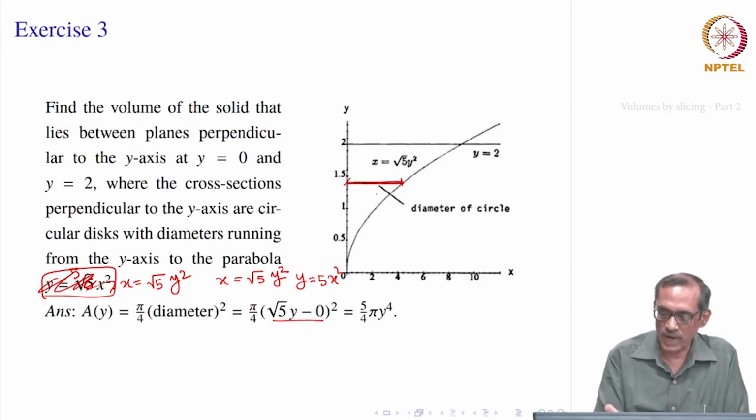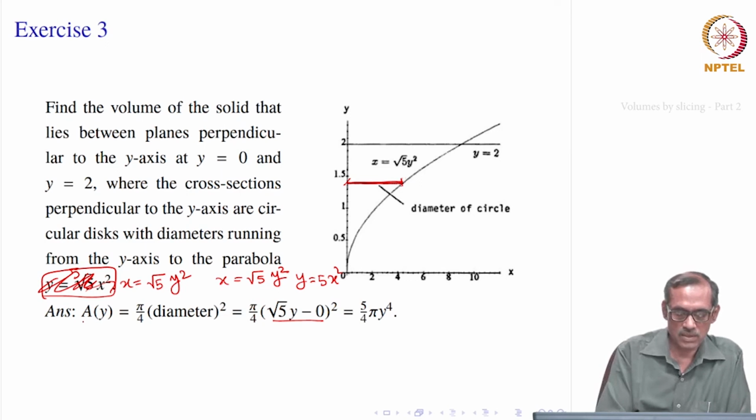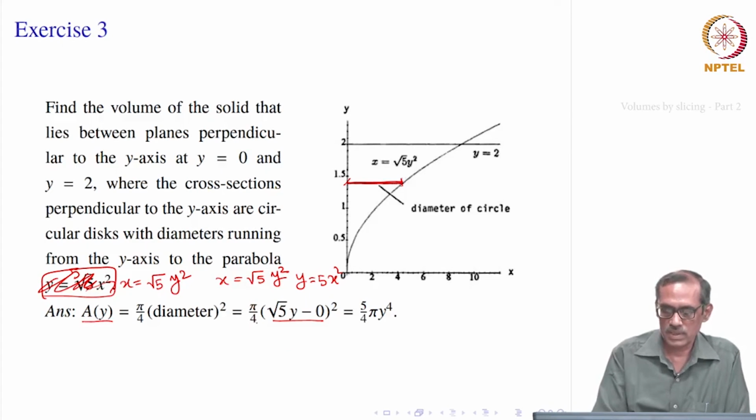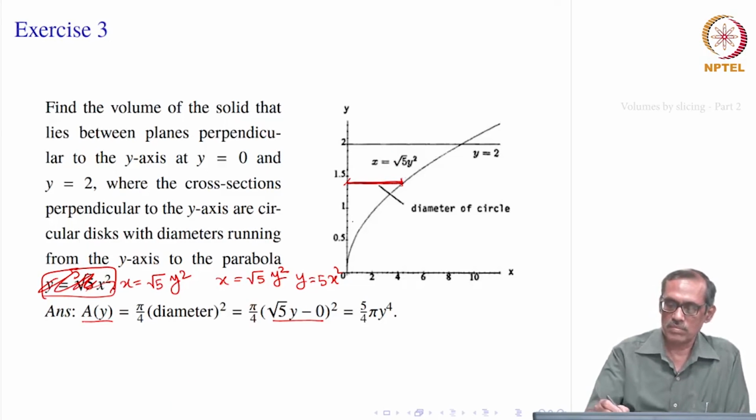So, with this we find the diameter to be this point minus that 0, that is root 5 y minus 0, and the cross sectional area A of y is pi by 4 diameter square, which is pi by 4 root 5 y minus 0 square, 5 by 4 pi y fourth. Now, the volume of the solid, which has all circular discs here, right.